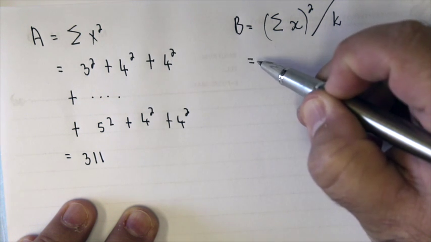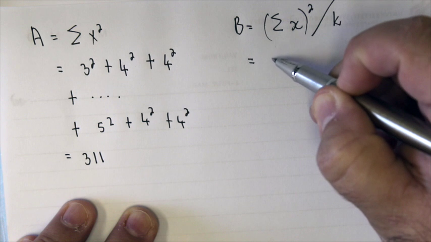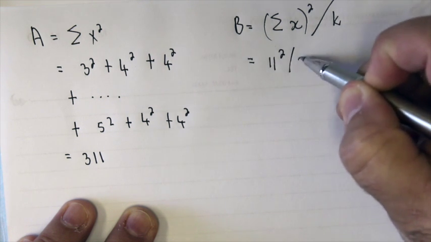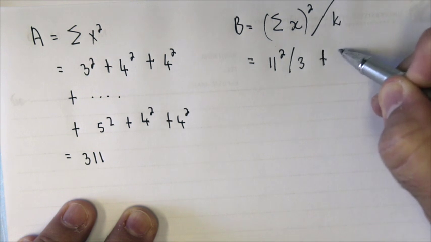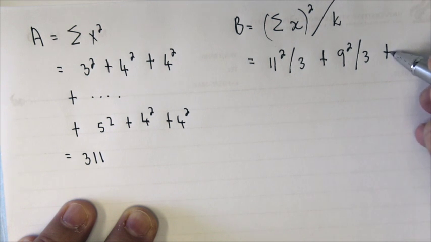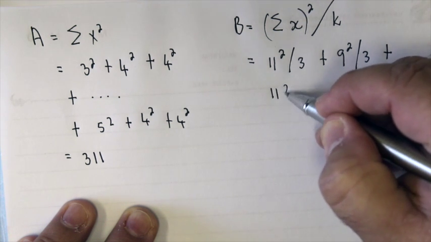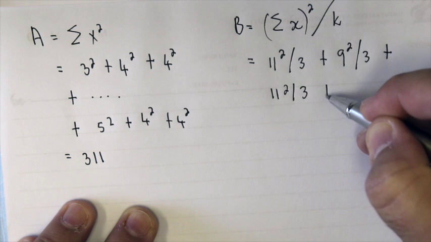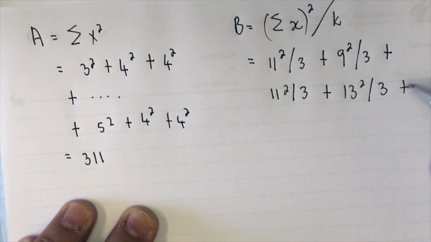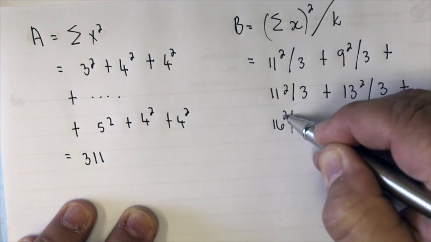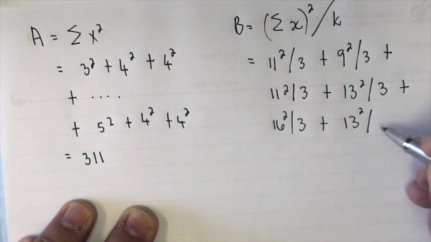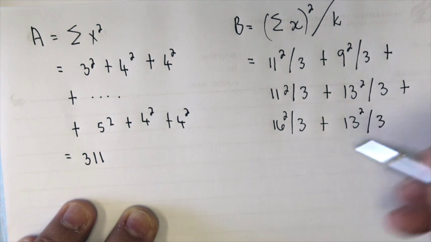So in this case that boils down to 11 to the power 2 divided by 3 plus 9 to the power 2 divided by 3 plus 11 to the power 2 divided by 3 plus 13 to the power 2 divided by 3 plus 16 to the power 2 divided by 3 plus 13 to the power 2 divided by 3.